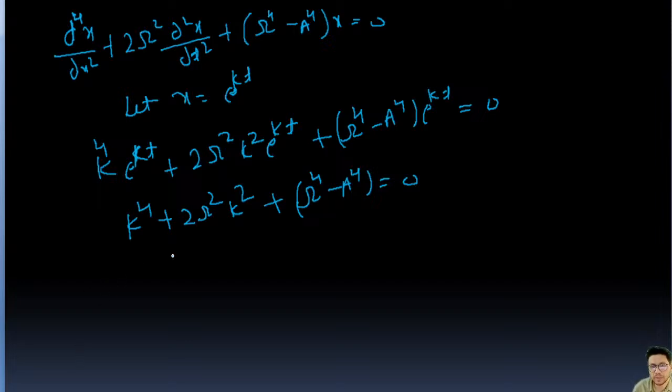So this became a quadratic equation, right? So we can make it a quadratic equation by letting k square equal to u.